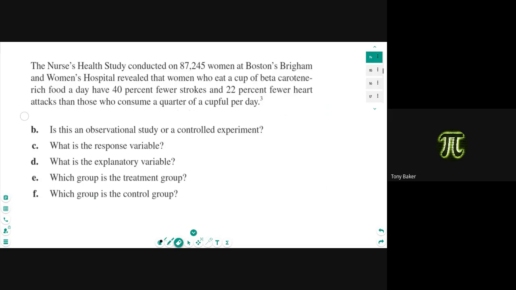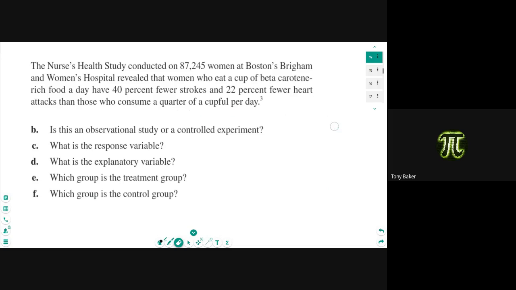All right. What's the response variable? Would it be the percentage of strokes?